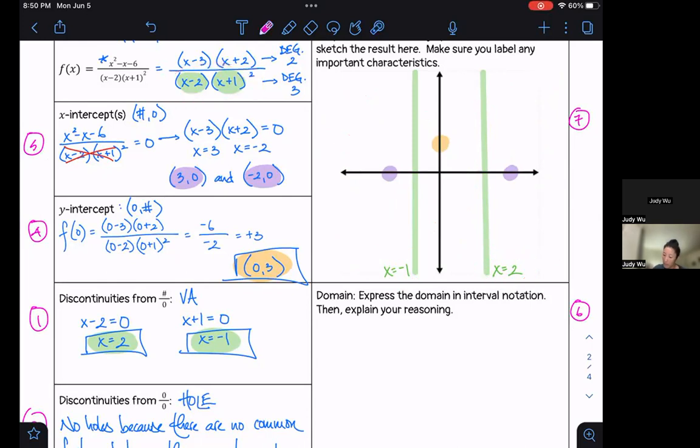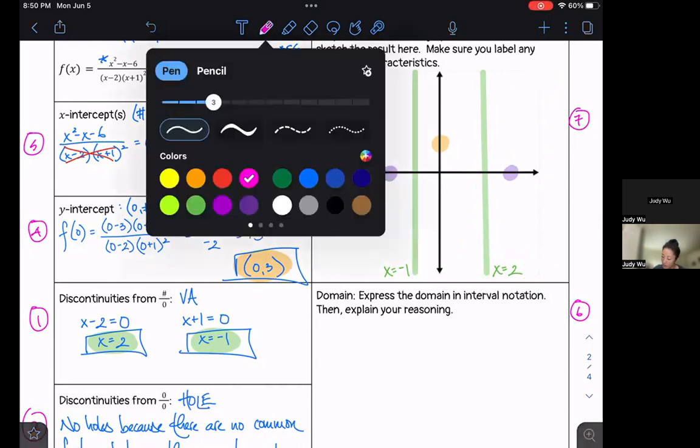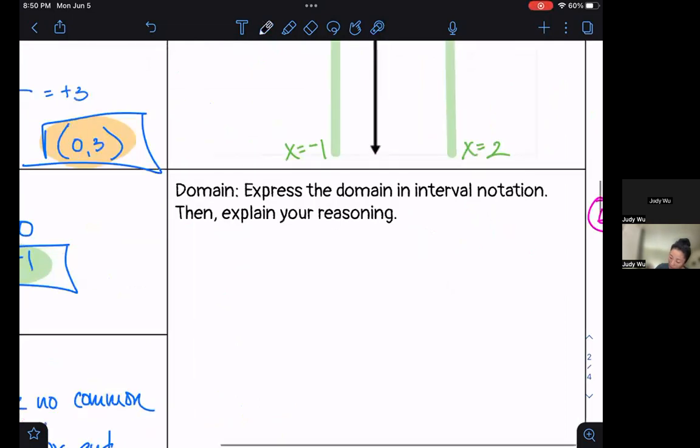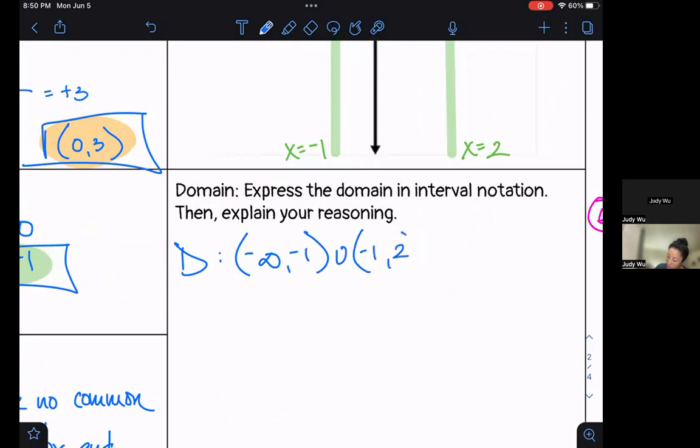All right. So our domain here is going to be this. Domain is from -infinity to -1 in union with -1 to 2 in union with 2 to infinity. Okay. And our reasoning is something like this.